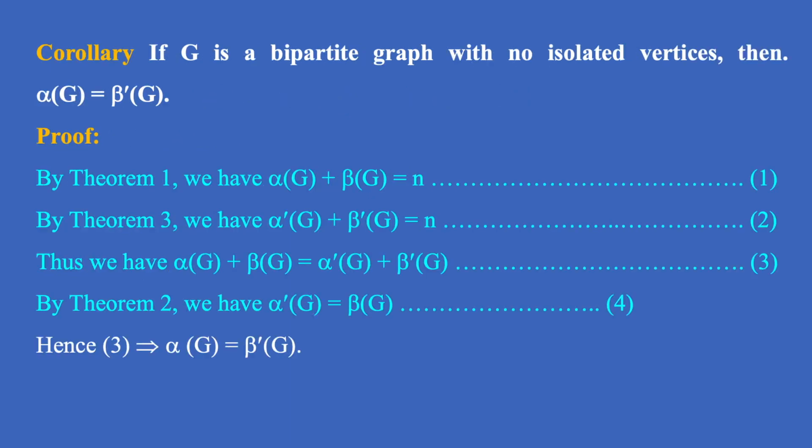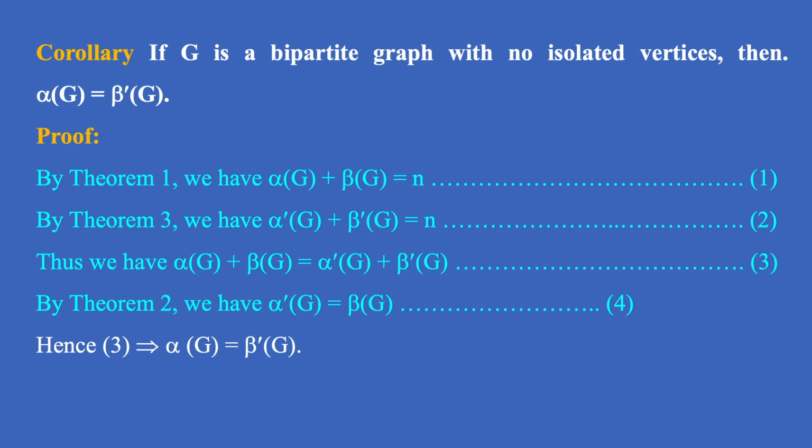Let us see a corollary due to Konig. If G is a bipartite graph with no isolated vertices, then alpha of G is equal to beta dash of G. So, by theorem 1 we have alpha of G plus beta of G is equal to n.